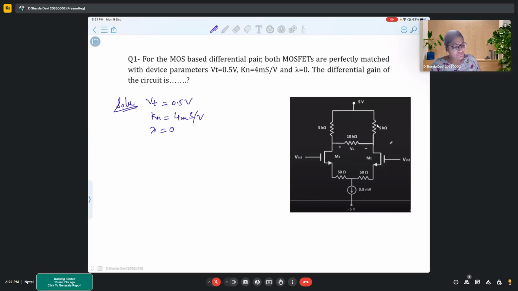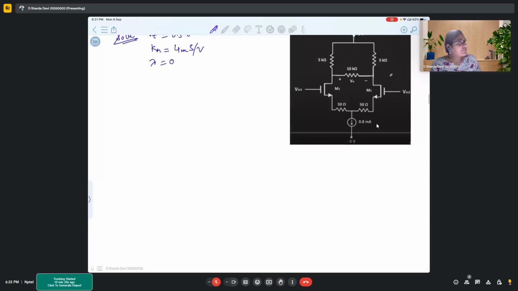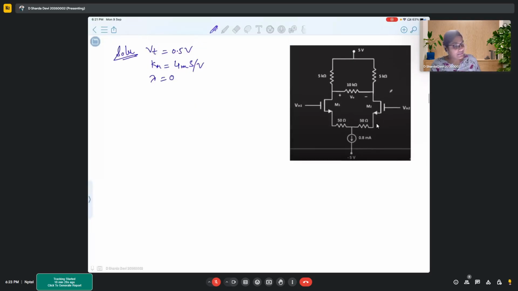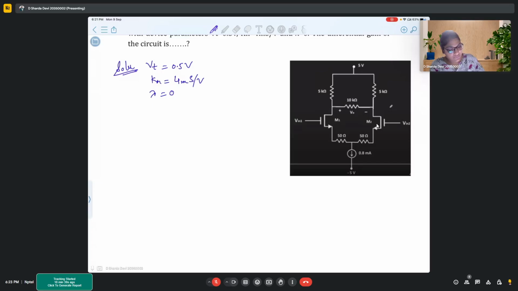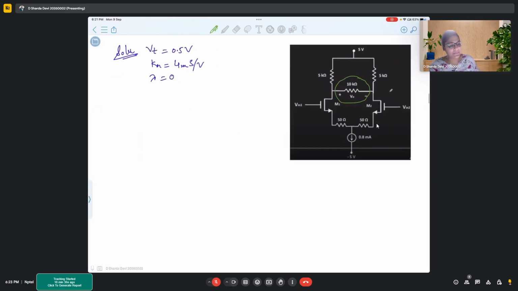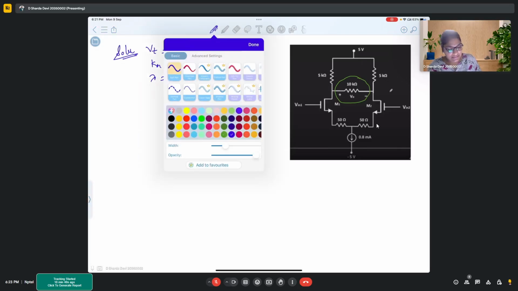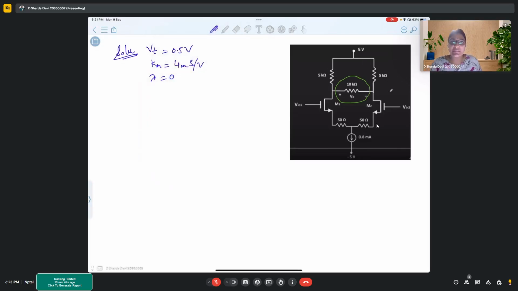So what we will do is try to break this particular circuit as well. We will try to break this 10 ohms also into equal parts so that we can have a symmetric circuit. And as I told you last time also, when we have symmetric circuits, we can analyze half of the circuit and deduce the results from there.